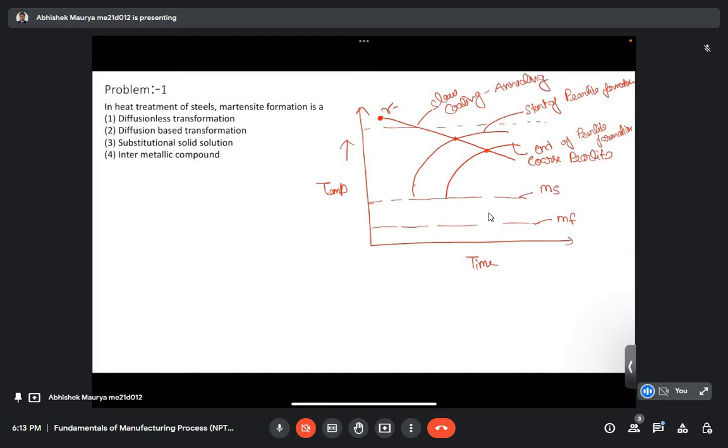So if we slow down the cooling rate, our austenitic steel will transform into alpha plus cementite, Fe3C. This is called pearlite.